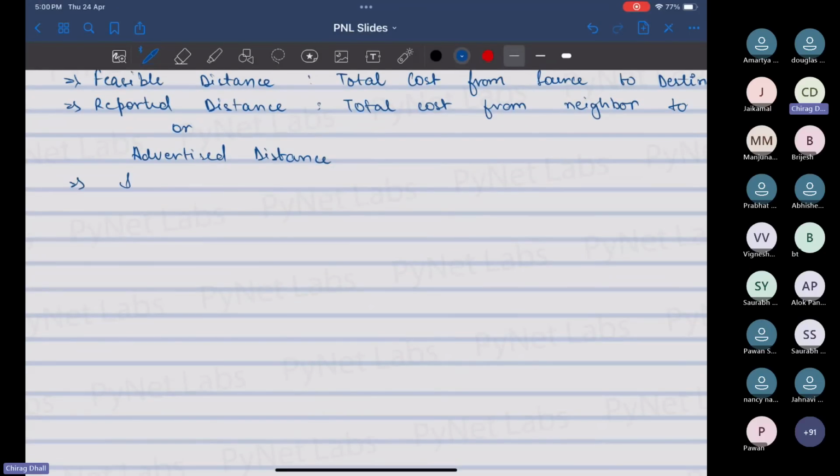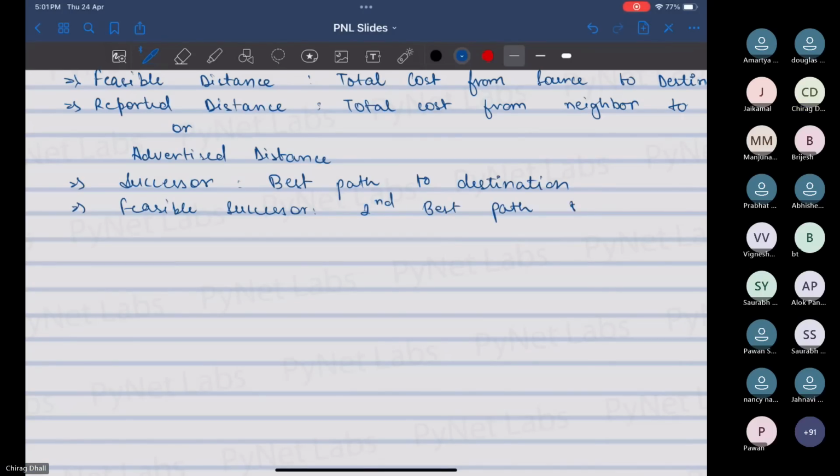Then we have successor, which is the best path to destination. And we have feasible successor, which is the second best path to destination.